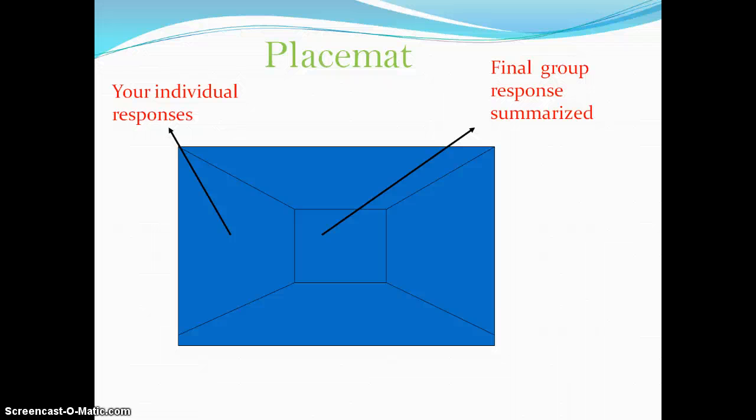After a specified time period, you have students work it as a group to summarize what they've thought, to combine some of the thoughts, or maybe even answer some of the misconceptions that some students have. Again, as you're walking around, you can hear what students are thinking about the learning.